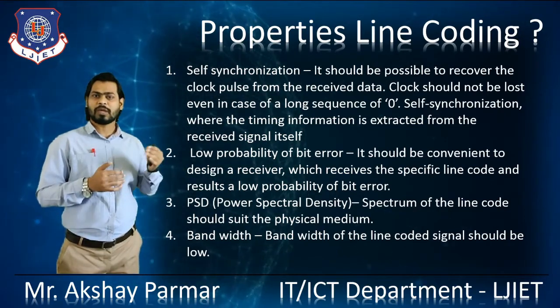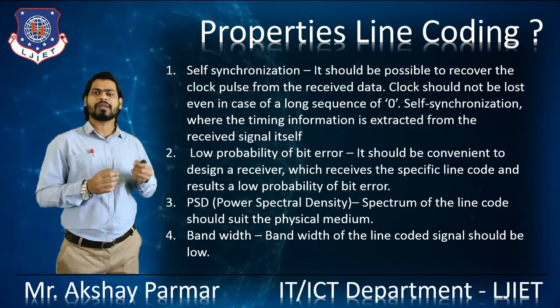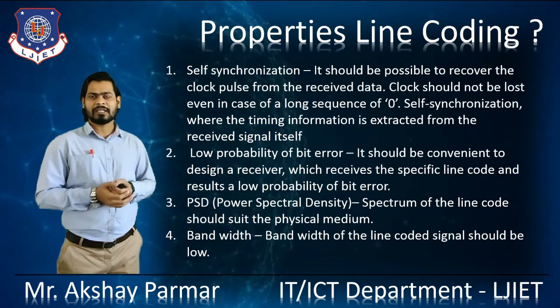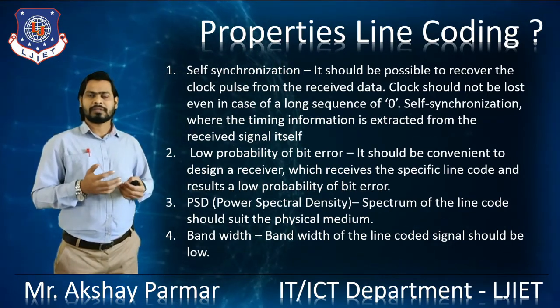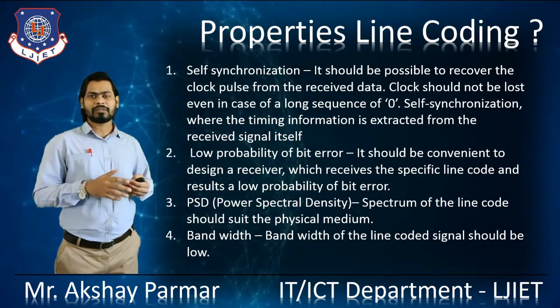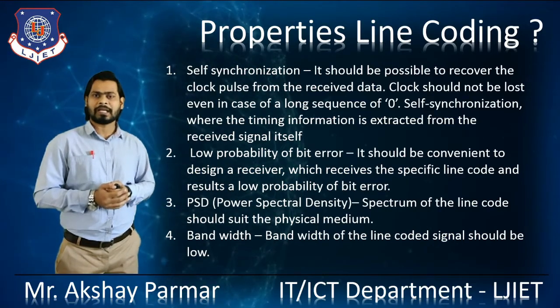In self synchronization, the timing information is extracted from the received signal itself, right? Whenever we send a signal with a long sequence of zeros and ones, it might seem like data loss. So self synchronization is the basic fundamental property of line coding techniques.